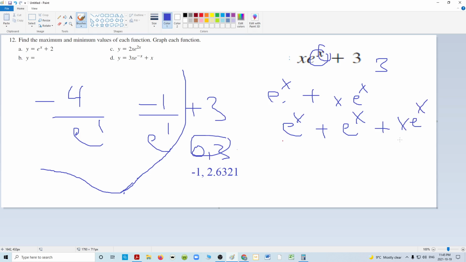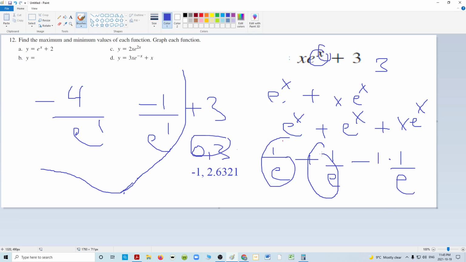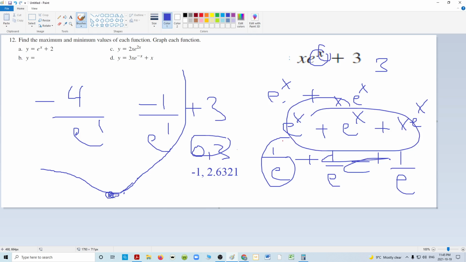And when you put the minus 1 in there, you get 1 over e plus 1 over e minus 1 times 1 over e. So you get 1 over e plus 1 over e minus 1 over e. You get a positive number. If it's a positive number, it's a min. So because the second derivative turned out positive, this is indeed a min. I'm curious what it looks like.